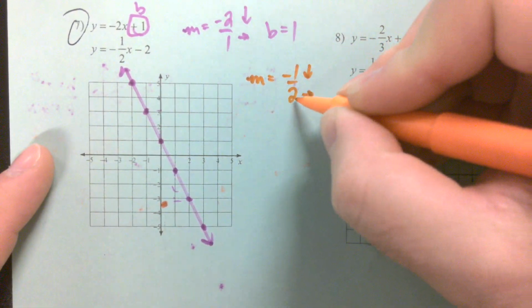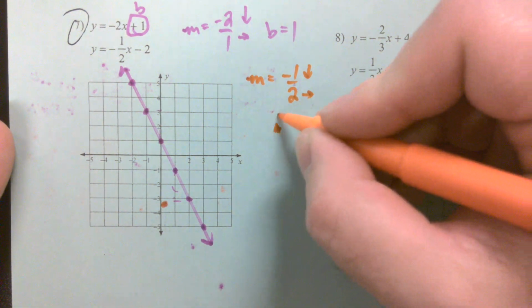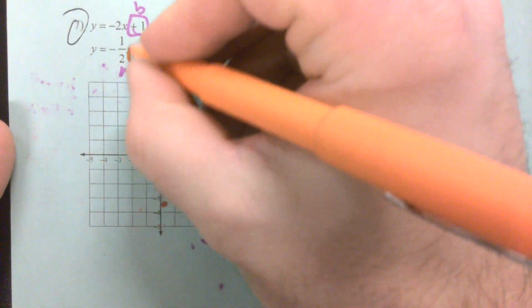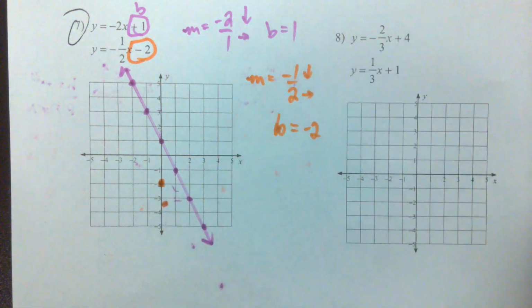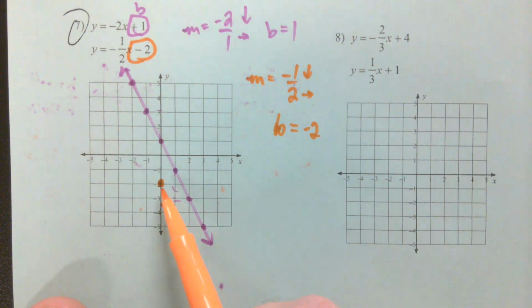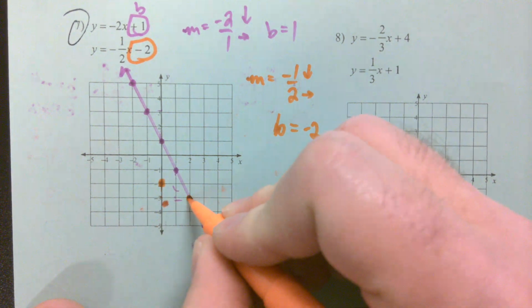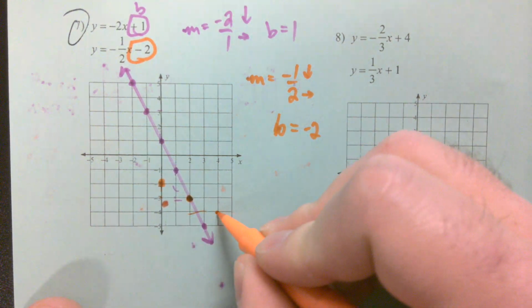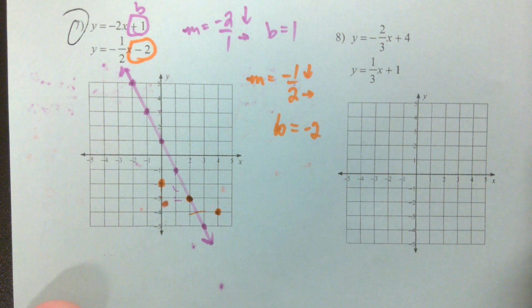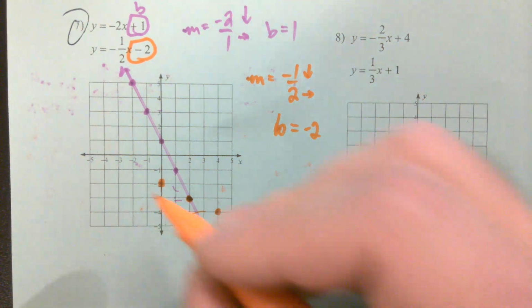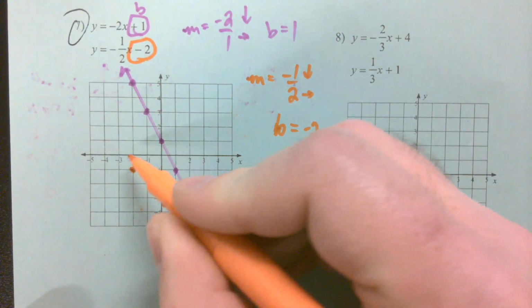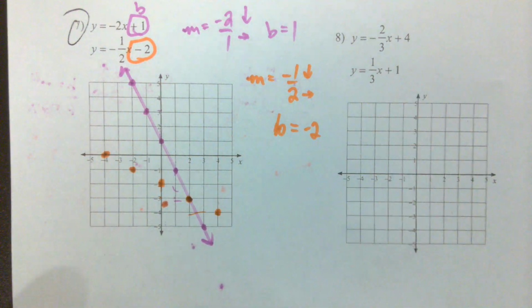My second line, we're going to go down 1, right 2, and begin at -2. So my first point's at -2. I'm going to go down 1, right 2, boom, there's my intersection, down 1, right 2, reverse directions, up 1, left 2, up 1, left 2.